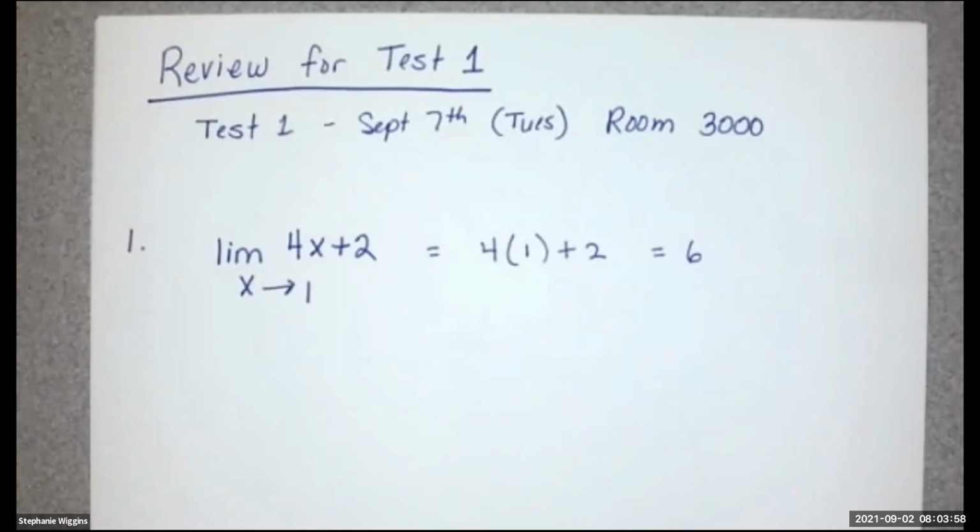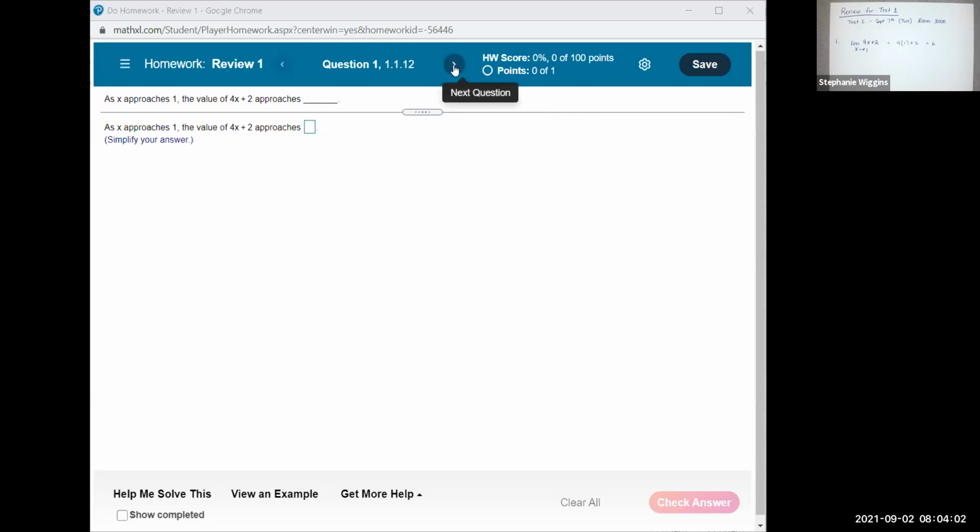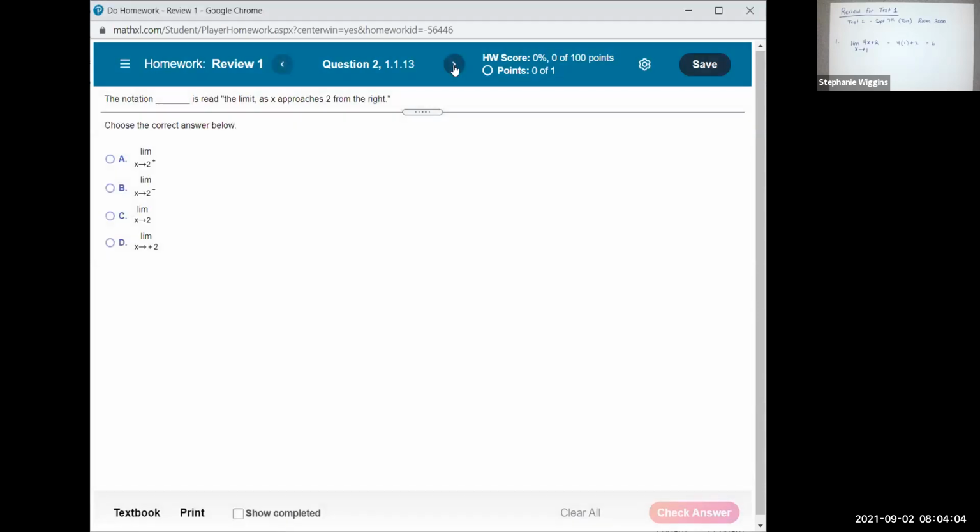Let's see here. And it's very important that you understand limit notation. So we have 4 choices here. And notice that you've got to really pay attention to where the sign is.